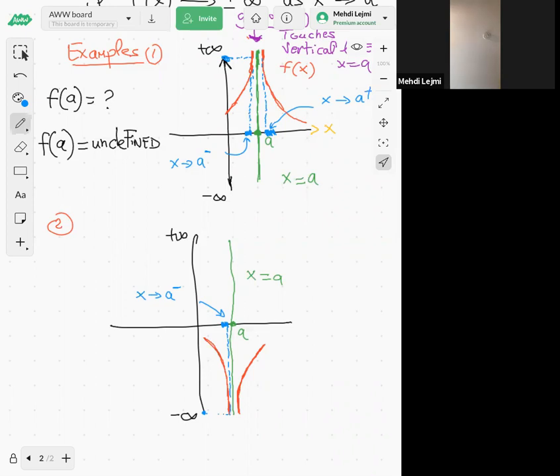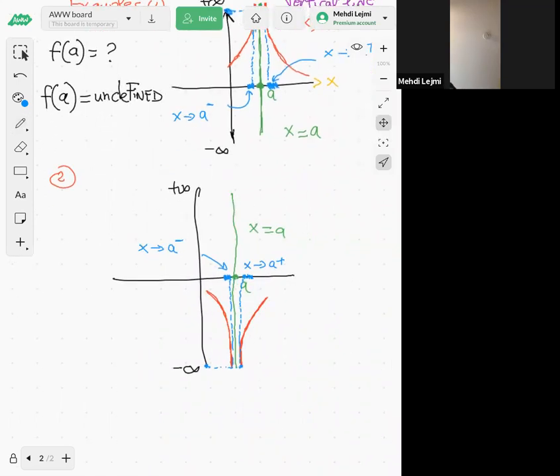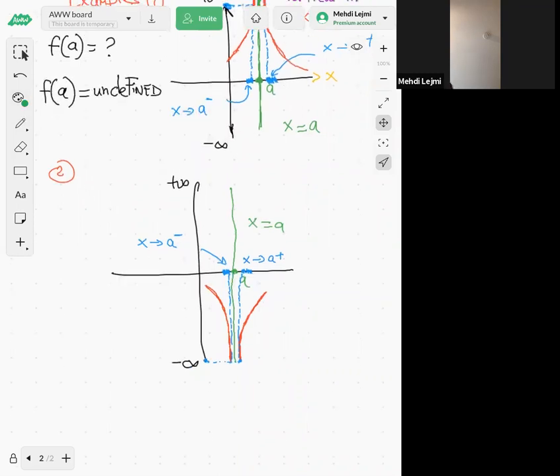Or if you approach a from the right, the output here is going to be approaching negative infinity, right? And again, we have the same thing. The graph never touches the vertical line x equal to a, but it gets as close as we want from x equal to a. So this is my vertical asymptote.